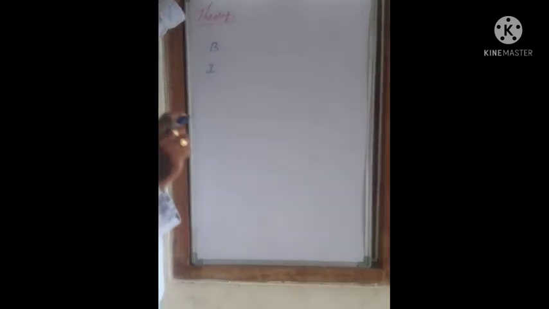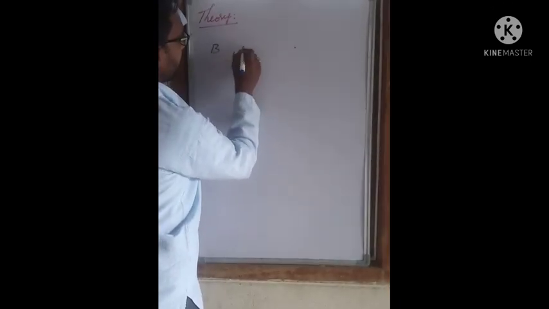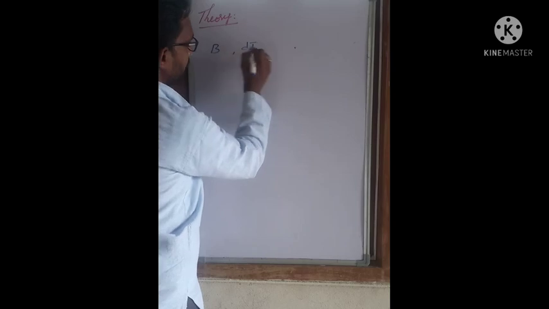Now the intensity of magnetization is represented by I. The change in intensity of magnetization can be taken as dI.